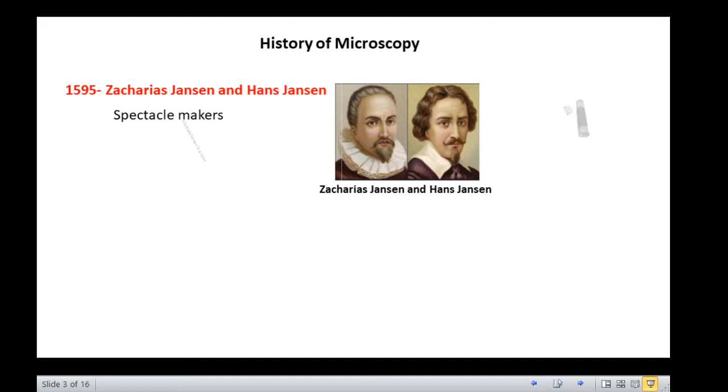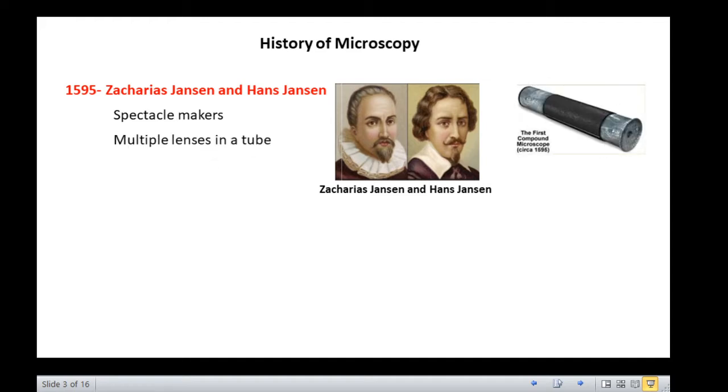They put several lenses in a tube and discovered that the object near the end of the tube appeared to be greatly enlarged, more than that achieved by any simple magnifying glass by itself. Their first microscopes were more of a novelty than a scientific tool, since maximum magnification was only around 9x and the images were not very clear.